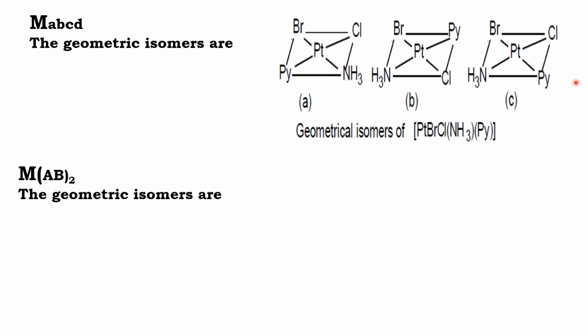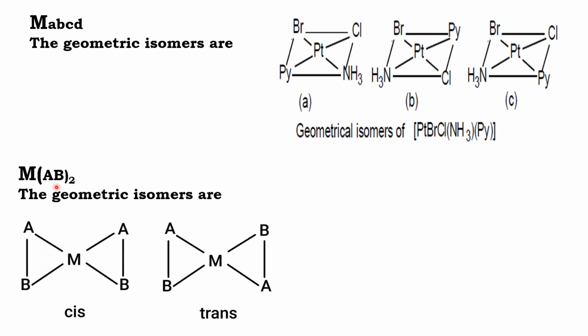Now move to M(AB)2. See, this is a chelating ligand, or we can say a bidentate ligand. AB is a bidentate ligand, a chelating ligand. It could chelate in such a way that the same atoms are on the same side. So we say it is a cis isomer.